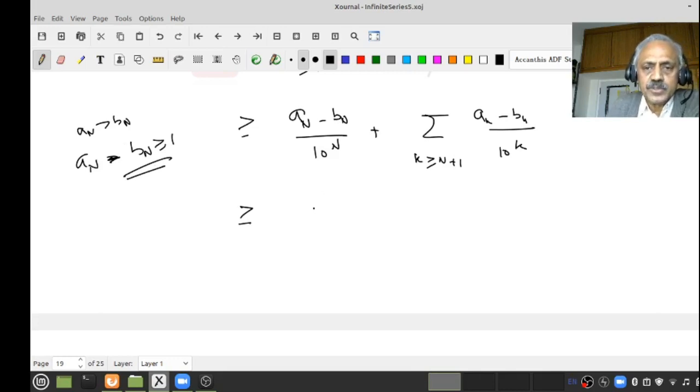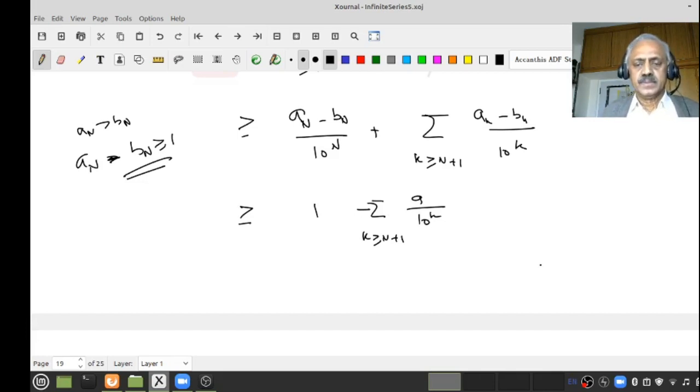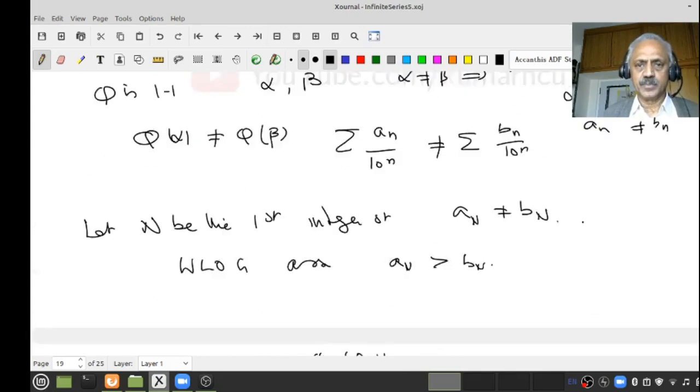Right? Therefore this will be 1 by 10 to the N, whereas this will be greater than or equal to minus 9 by 10 to the power k, k from N plus 1. Right? And that's positive. It's exactly similar to the earlier proof.